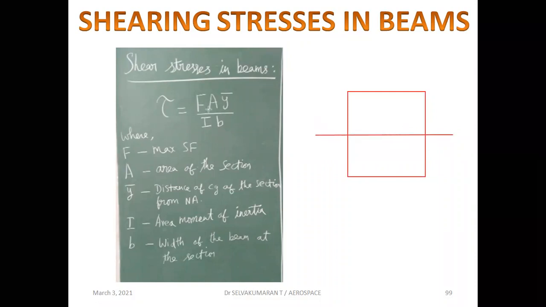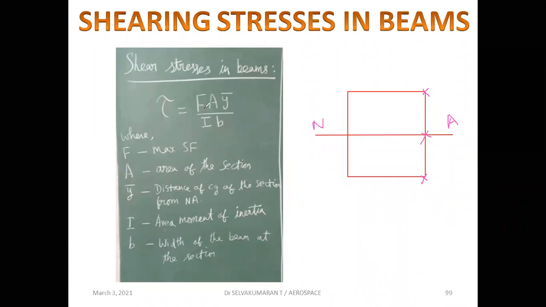So now I want to find the stress here, or anywhere above the neutral axis. We call this the neutral axis. Now tau is equal to F A y bar by I into B.